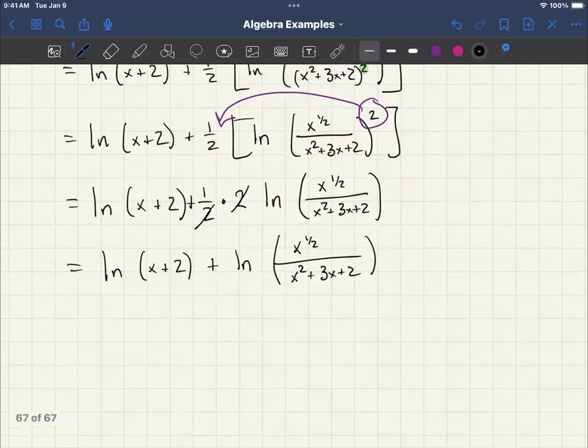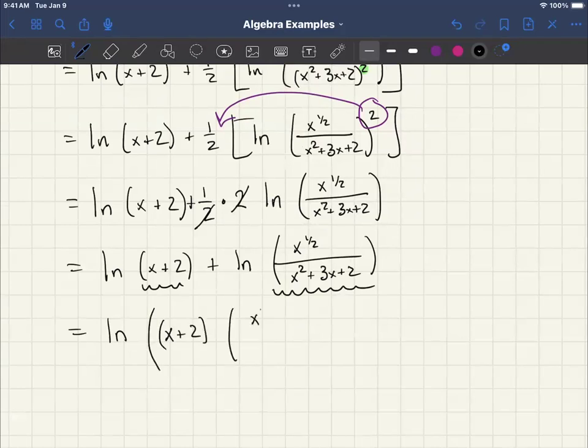All right, now we're going to use that squishing one where we're adding things and we're going to turn it into a multiplication problem. So here's our A and here's our B when we apply our rule. So our A is x plus 2 and our B is x to the 1/2 over x squared plus 3x plus 2. All right, now that looks a little bit better.